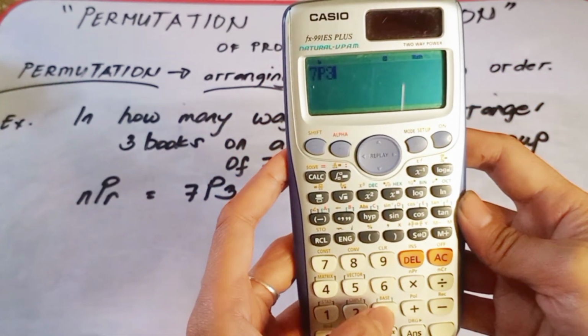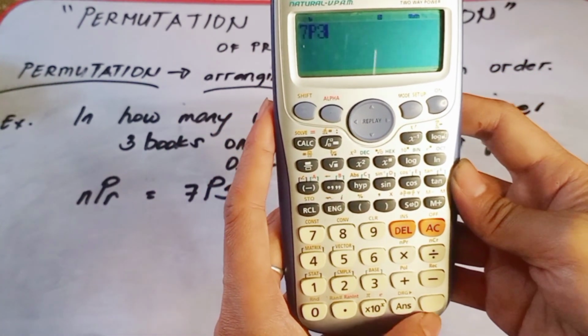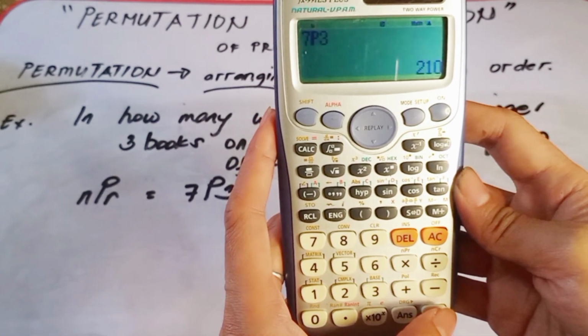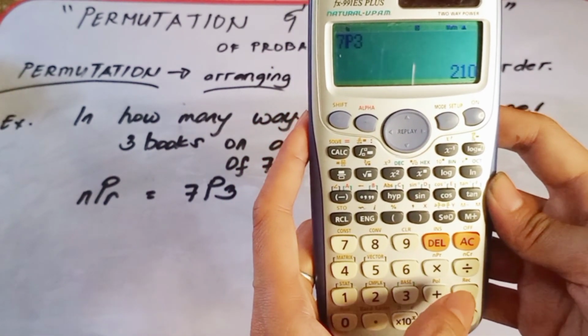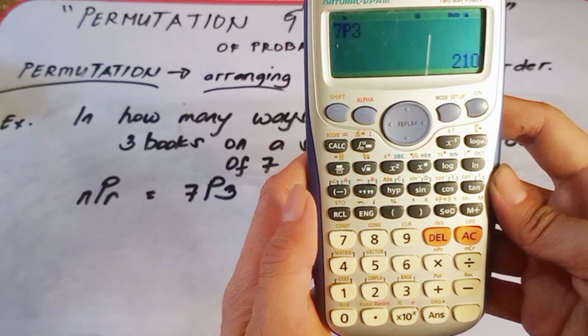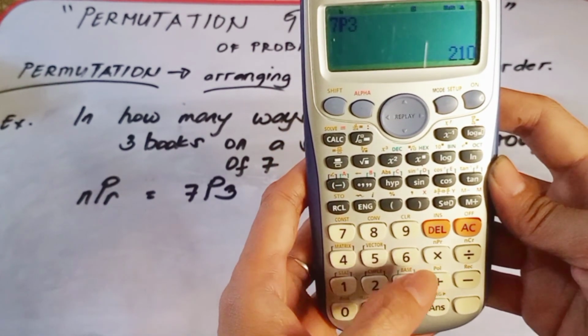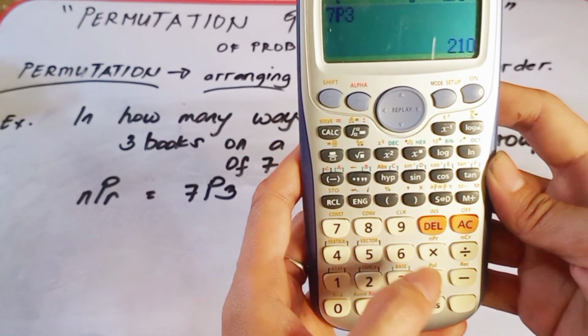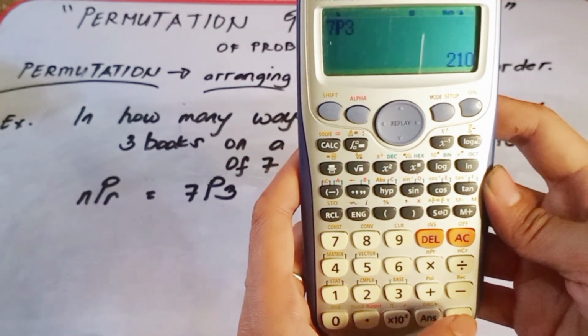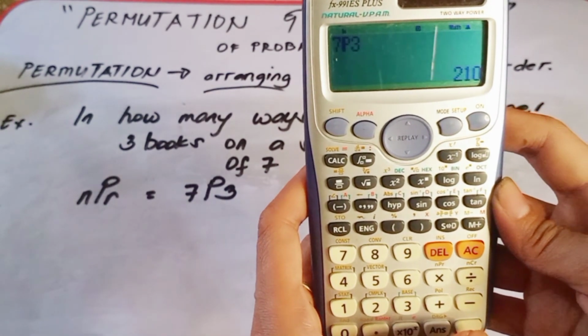So yan na po siya. And then let's just hit the equal sign. So that's 210. So ganun lang po siya. Pagka-combination, same process. So number first, and then the combination, and then yung items, and then equal sign. So, as simple as that.